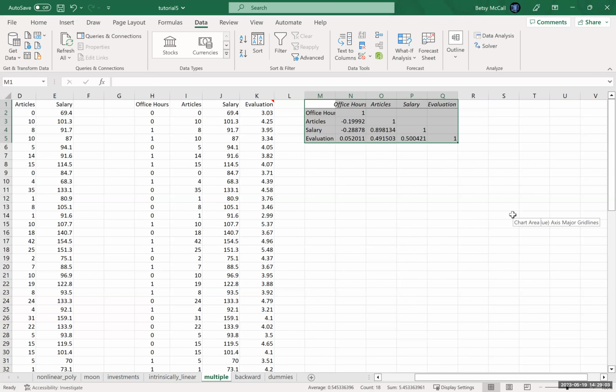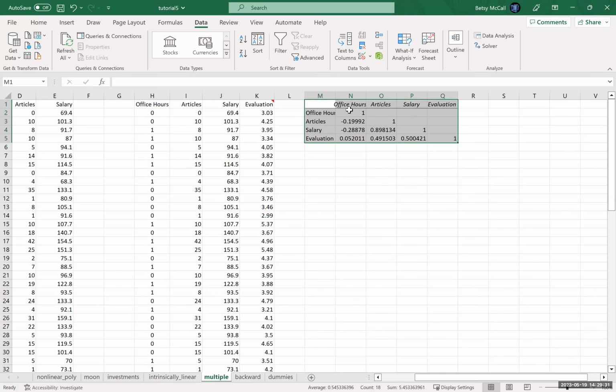If they're not collinear, then their correlations with each other will be relatively small. And if they are collinear, then they are already giving much of the same information as each other. And so one of those variables is not necessarily going to contribute very much to the model in addition to the other variable.